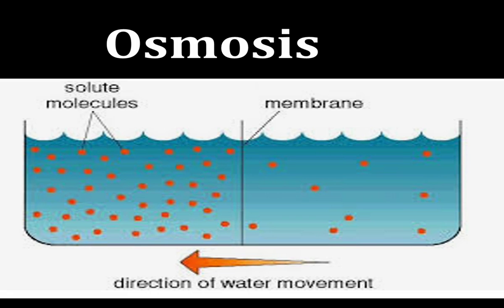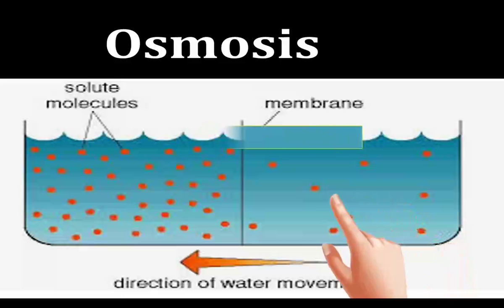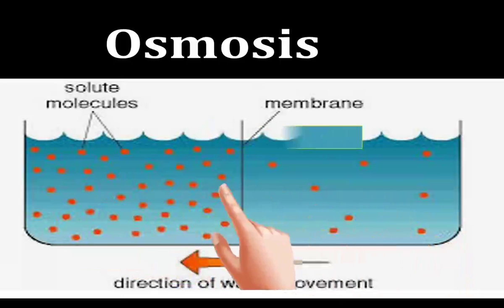A dilute solution has more water molecules than a concentrated solution. So here the water will move from the dilute solution to the concentrated solution. Water moves from the region of its higher concentration to the region of its lower concentration through the membrane. So this is the direction of movement of water.